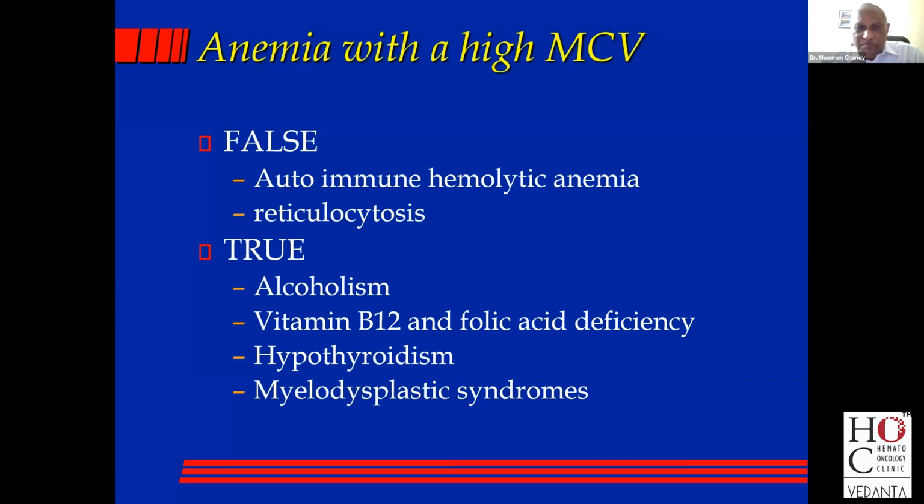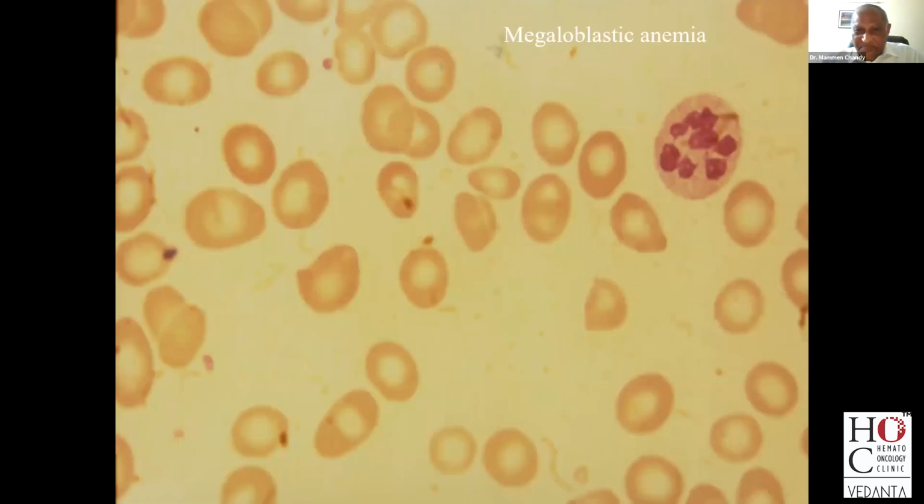The true macrocytic anemias can be due to alcoholism, B12 and folate deficiency, hypothyroidism, and myelodysplastic syndromes. In an elderly person with an MCV of 100, 104, you must keep in mind a myelodysplastic syndrome.